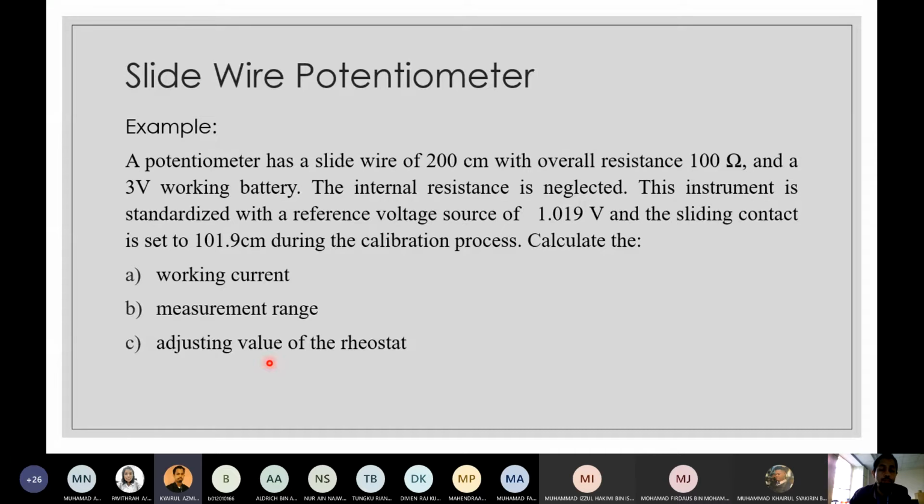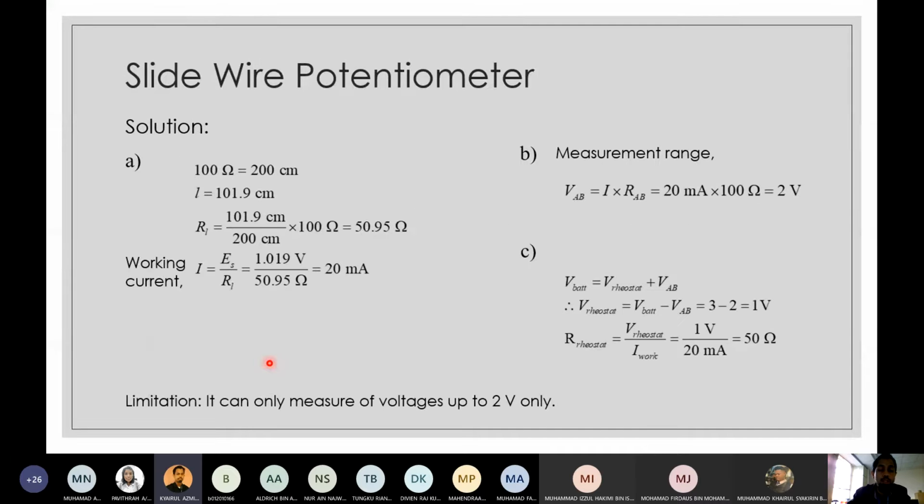So how do you tackle this problem? To determine the working current, we first determine the resistance at the point where the position for the standard cell is located. The length when the standard cell is used is 101.9 centimeters. The total length is 200 centimeters.